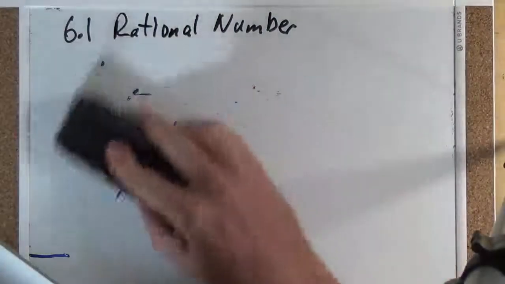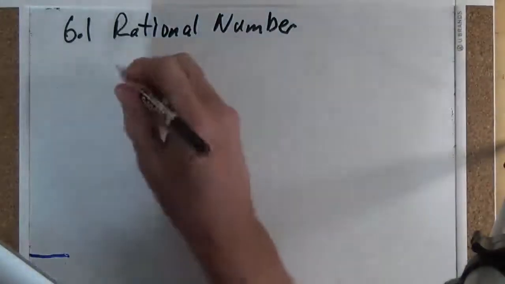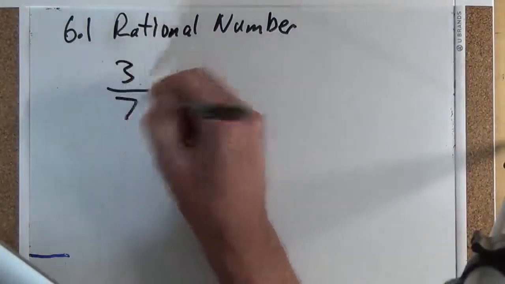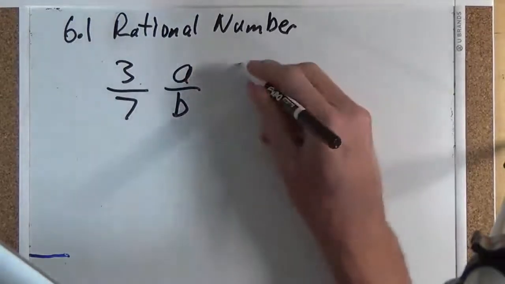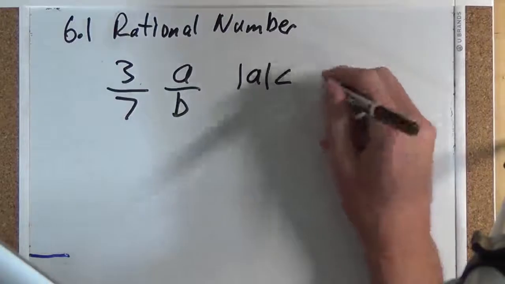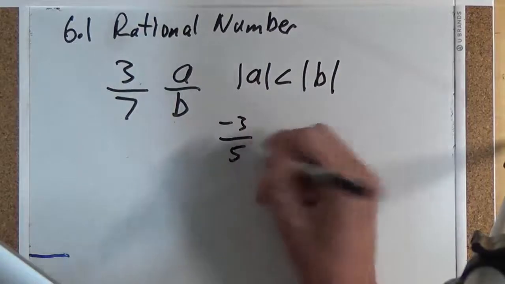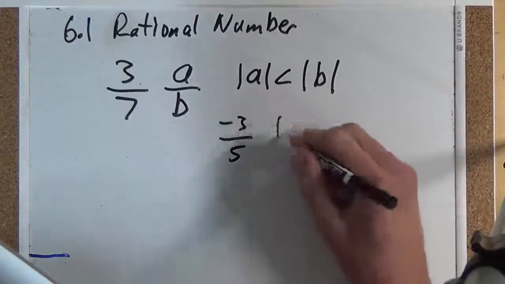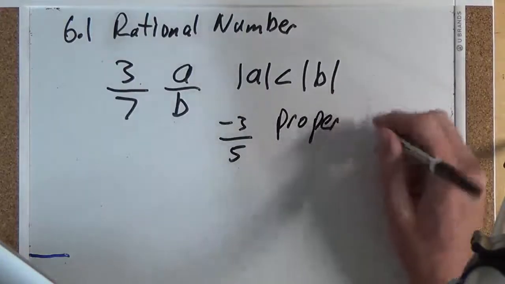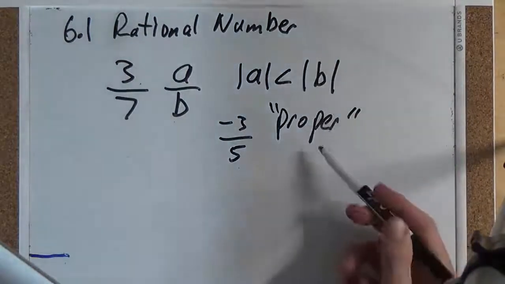Okay, so I'm going to do an overview of this section 6.1, picking pieces. I think you know that if the numerator is less than the denominator, so a over b, the book will say the absolute value of a is less than the absolute value of b. That's in case we have something like negative 3 over 5. Still the same thing. We call it a proper fraction, because it's not a whole, it's a part of something.